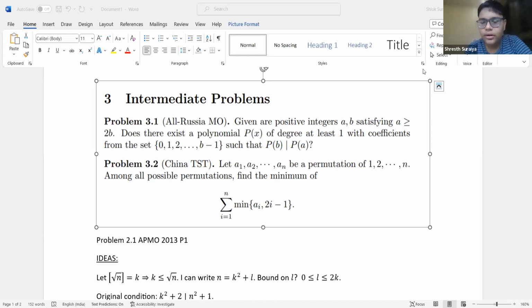If you want to try some easy problems, you can try AIME. AIME has easy problems, so if you want a level between pre-RMO and RMO, AIME is fine. But if you want problems better than RMO and INMO, then you should go for USAJMO or USAMO, depending on your level. You have to gauge that.